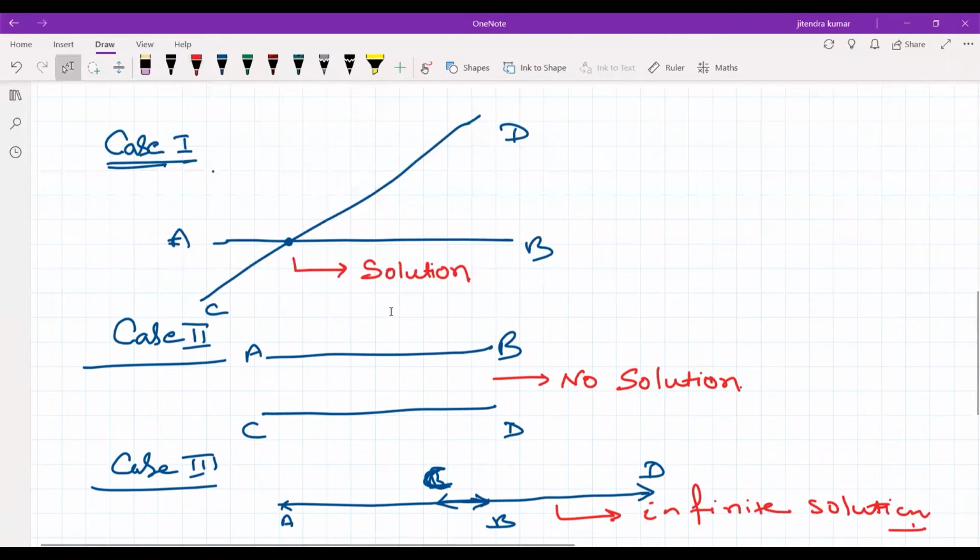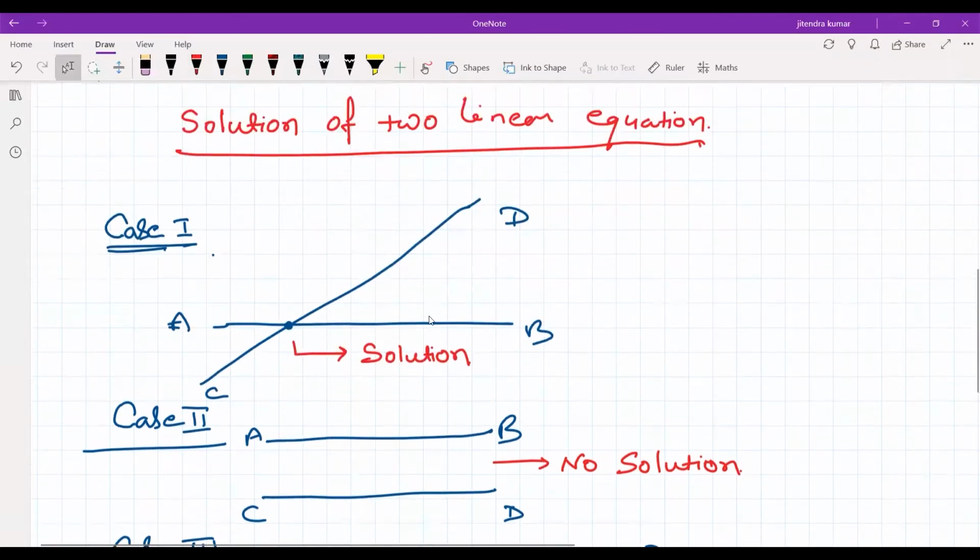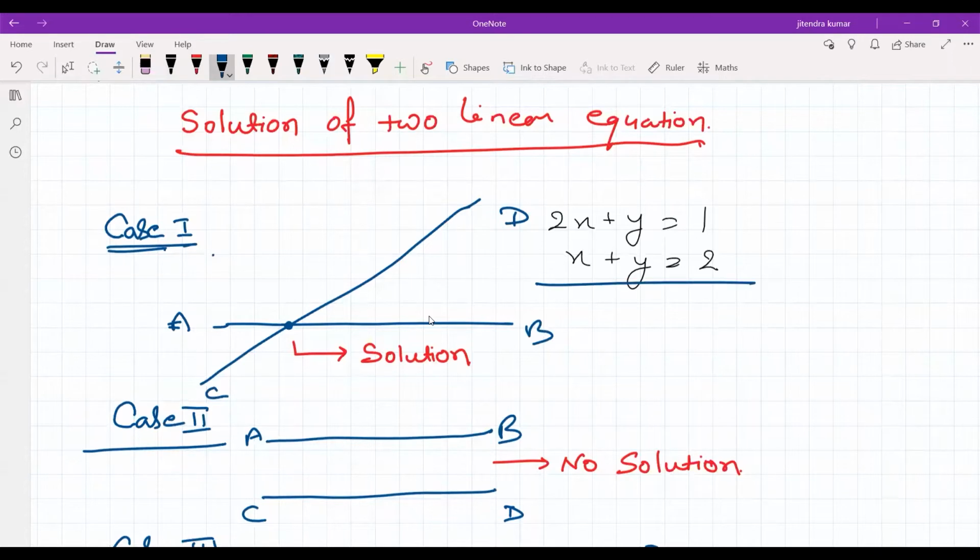What does solution mean? Suppose we have two equations, 2x plus y equals 1 and x plus y equals 2. Then we have to find the values of x and y that satisfy both equations. So by solution we mean the values of x and y, or you can say the coordinate, in the graph a point (x, y).